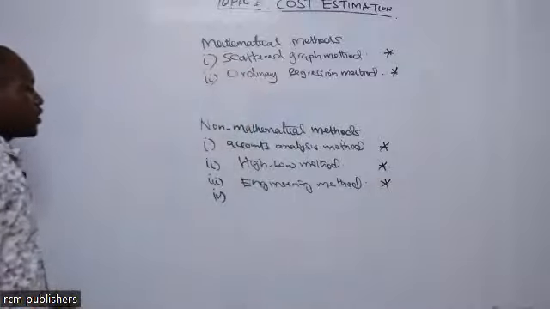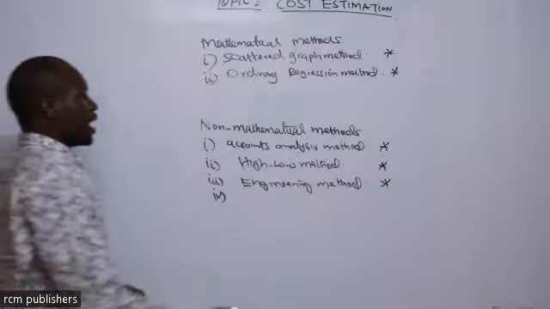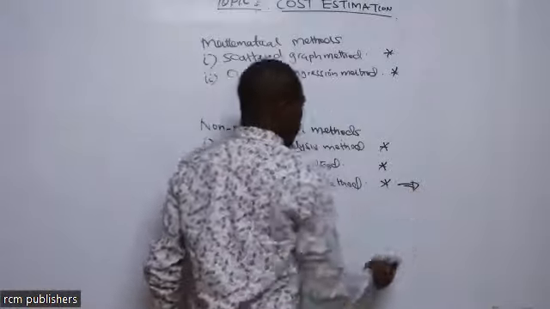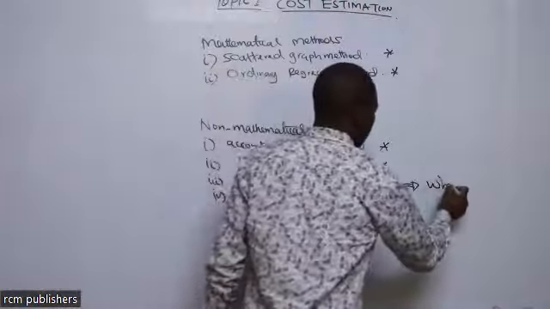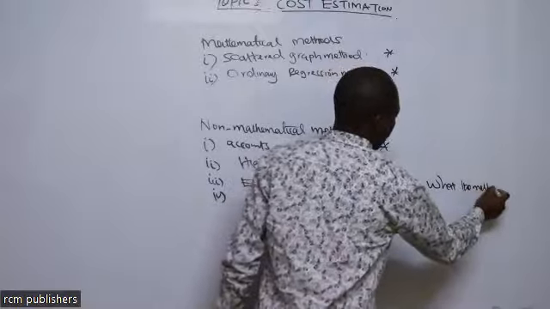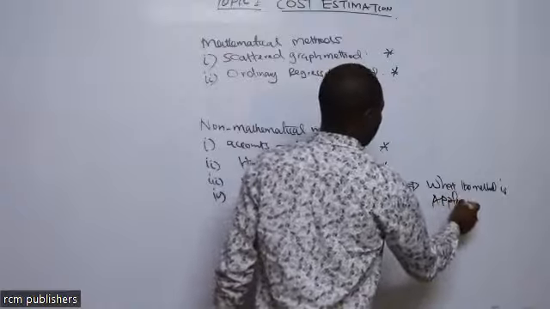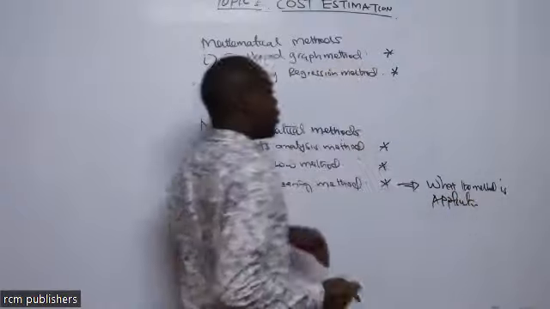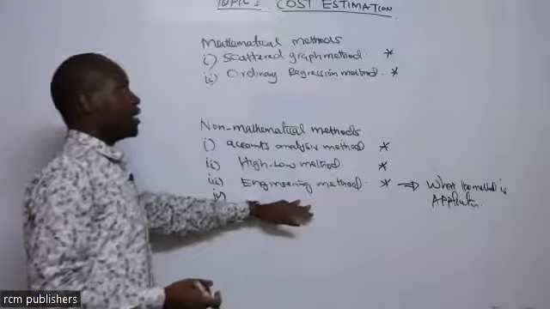You'll find that all of them are very important to us, but what you need to know under engineering, you basically need to know what the method is, its application, or how do we use it to come up with the cost estimates.